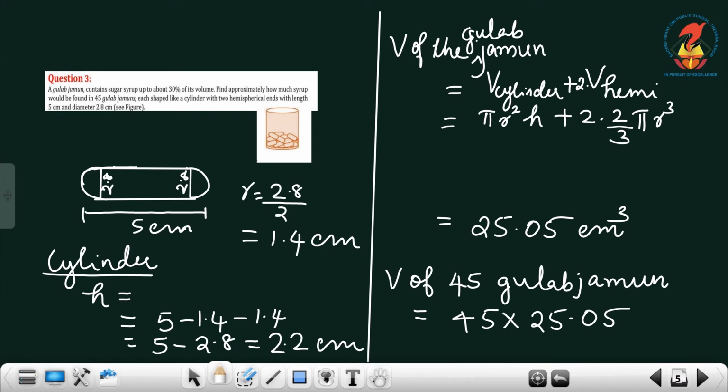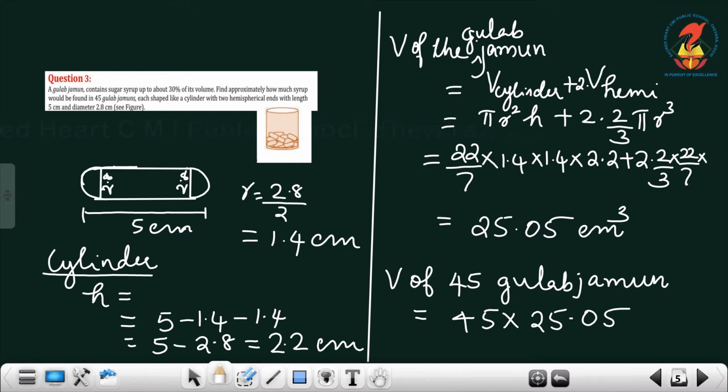volume of the cylinder plus 2 into volume of the hemisphere, which you can write as 22 by 7 into, what is the radius, is 1.4. 1.4 into 1.4 into h is 2.2 plus 2 into 2 by 3 into 22 by 7 into 1.4 into 1.4 into 1.4.